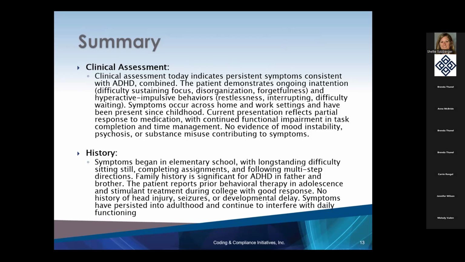Symptoms have persisted into adulthood and continued to interfere with daily functioning. So, with the history, this starts to tell the story of age of onset, what the developmental course has been, some family history, prior treatment. It outlines that chronic condition across the board.